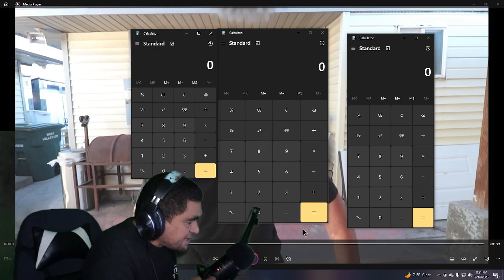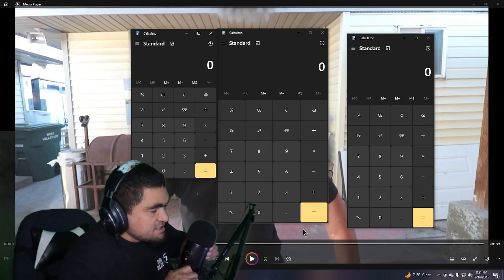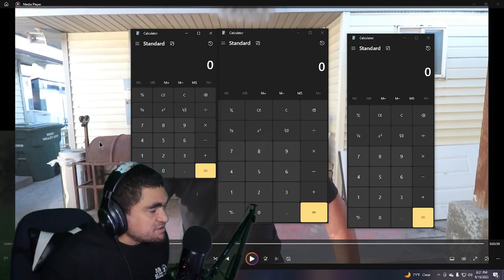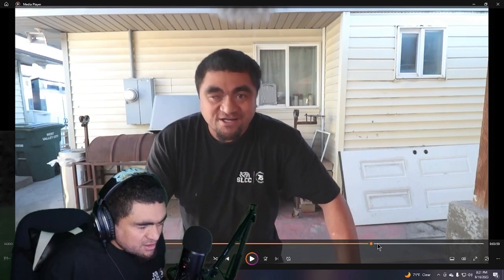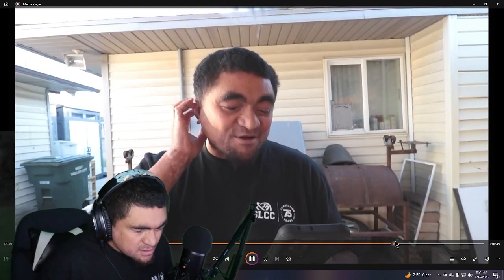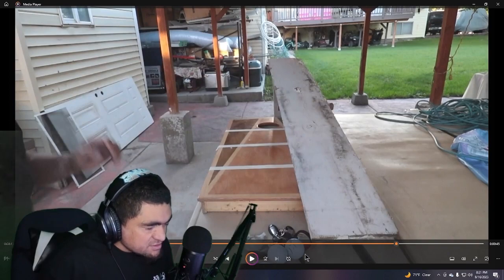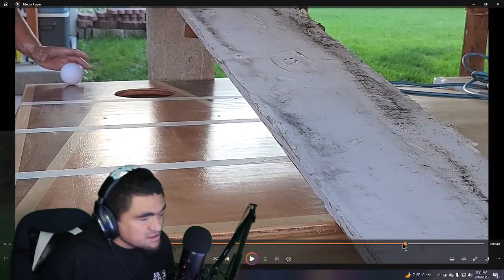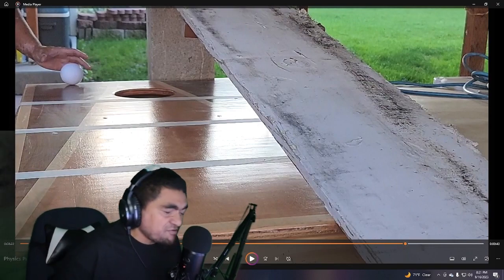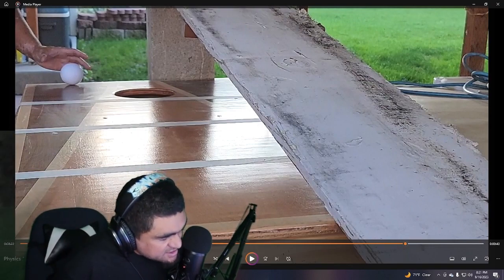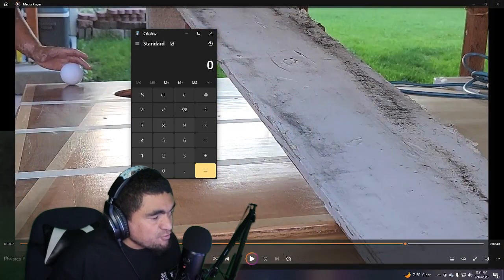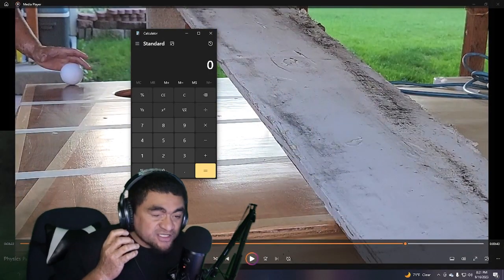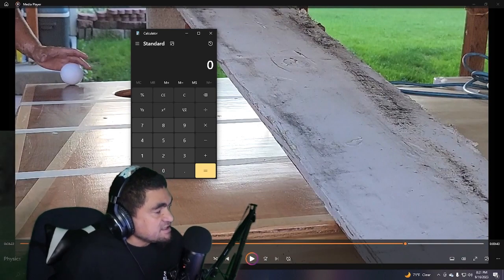All right, so I did the math and I actually timed it. So this ball right here, it crossed the 1 foot line at exactly 0.4 seconds.